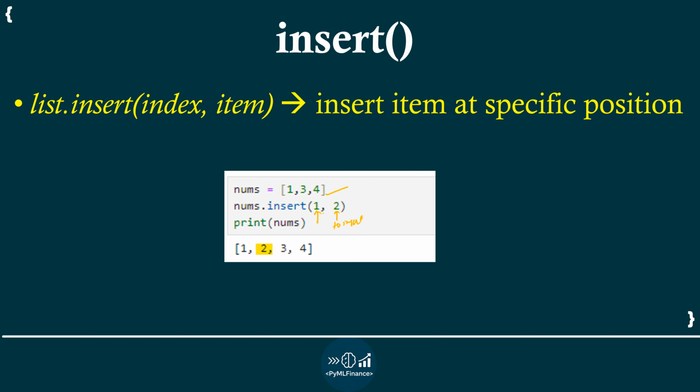In Python, this is index 0, this is 1, and this is 2. So now item 2 will come at index position 1, and the other elements will move to the right of the list. You can see in the example that item 2 is added at index 1 and the other items are moved to the right.